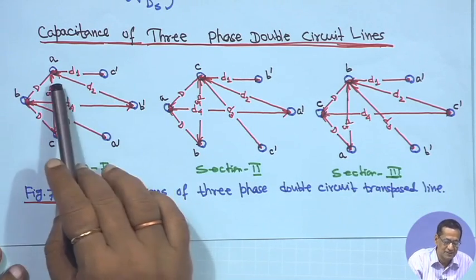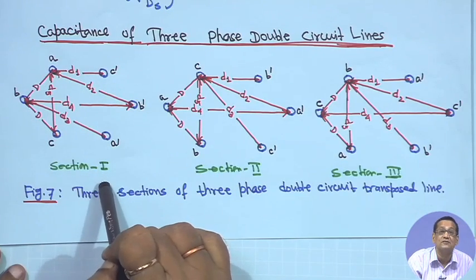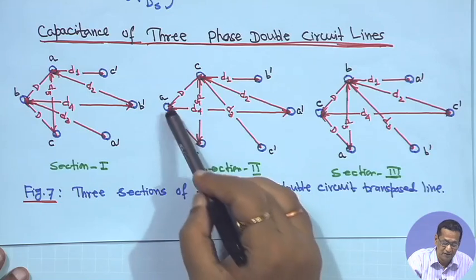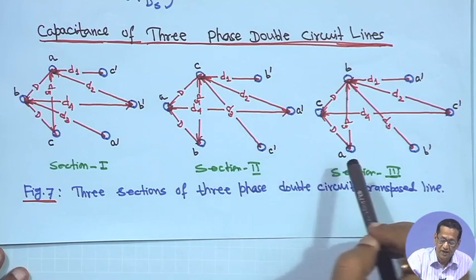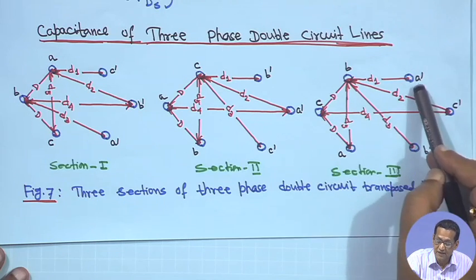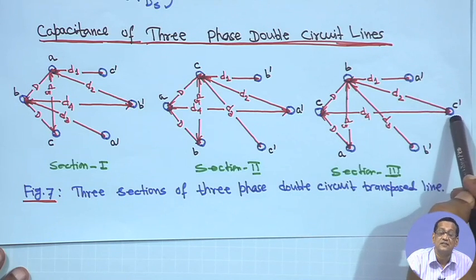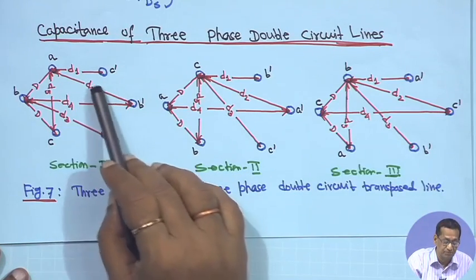All the distances are given, that is A, B, C and A dash, B dash, C dash for the first transposition cycle. The second one is A, B, C and A dash, B dash, C dash, and for the third transposition cycle this is A, B, C and A dash, B dash and C dash. All the distances are marked here.